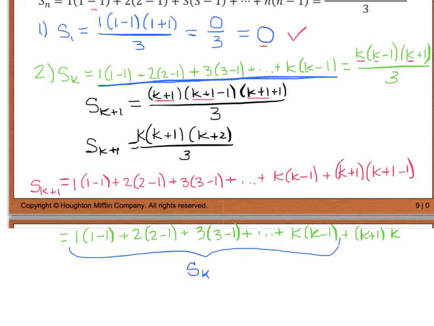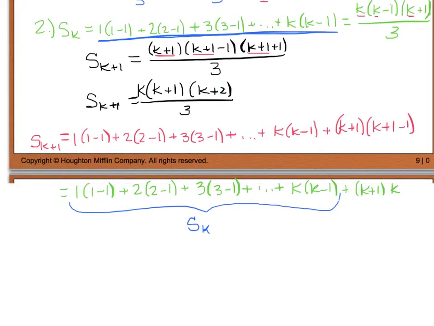Now because S sub k was defined in our original equation as also being equal to k times (k minus 1) times (k plus 1) divided by 3, what that tells me is I can now replace this S sub k with the value that was given to us in the very beginning.